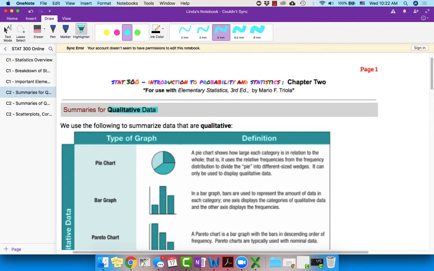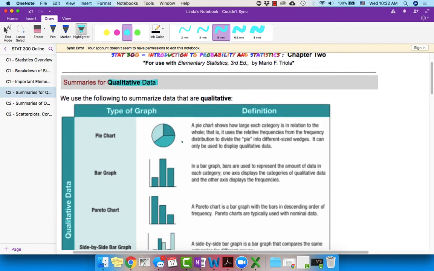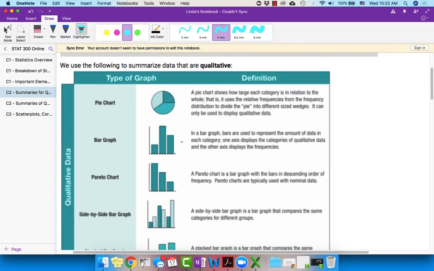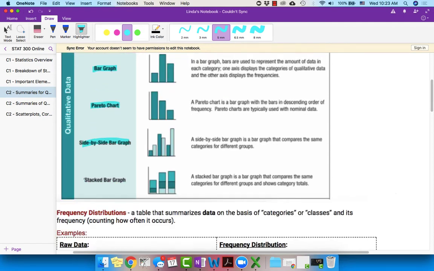For qualitative data, we commonly use the following visual graphs: pie chart, bar graph, Pareto chart, side-by-side bar graph, and stacked bar graph. This is not a comprehensive list, but some common ones, and we will not be doing all in this video. It is recommended that you read and take note of the kinds being used in this textbook.